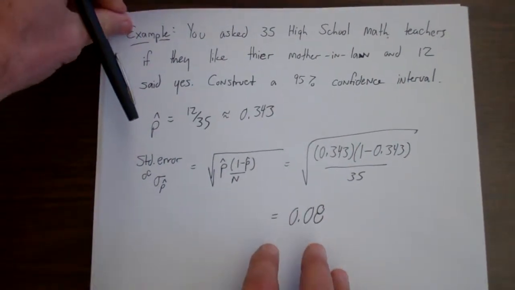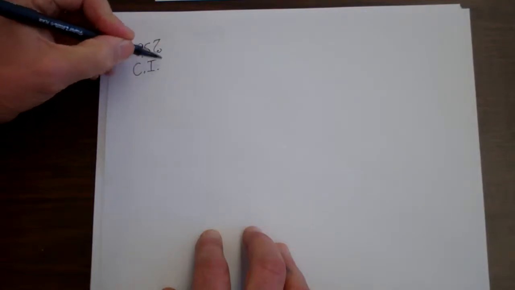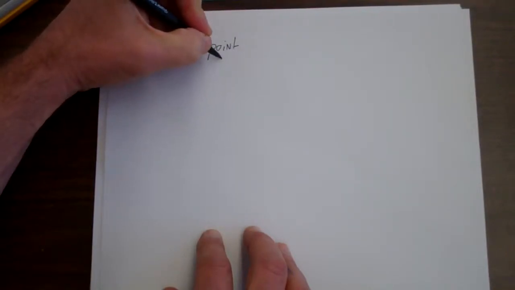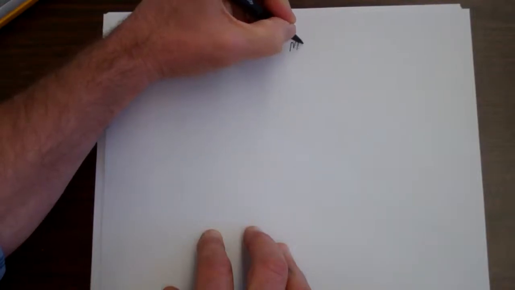Now from that, we can go ahead and calculate the confidence interval. We want a 95% confidence interval, and that's going to equal your point estimate plus or minus your margin of error.